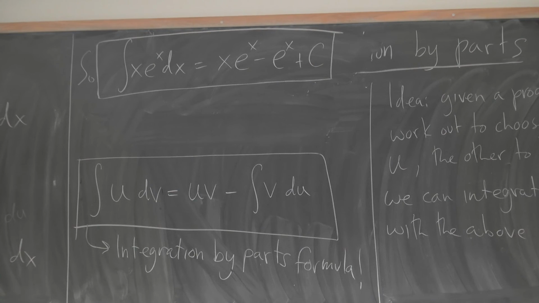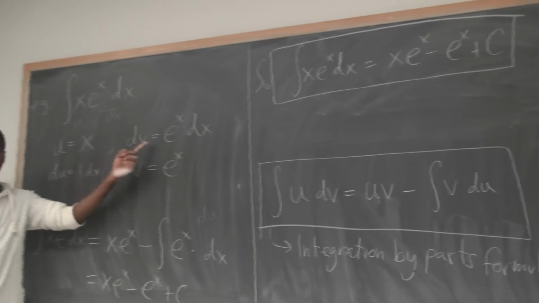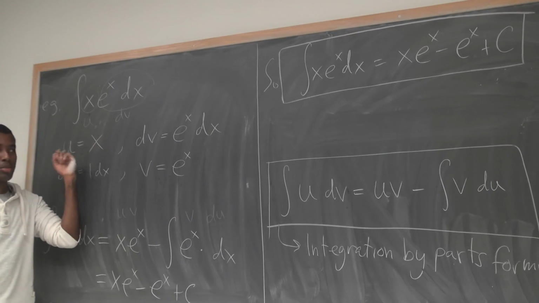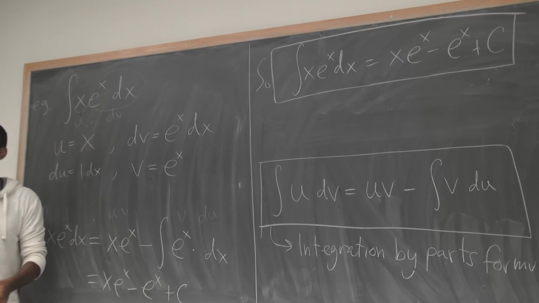So I would have gone from trying to integrate x times e to the x to now integrating x squared times e to the x. I would have actually made the situation worse for myself. Being able to choose wisely who gets to be who is going to be a very important element of this process. Next time I'll tell you how to choose it.